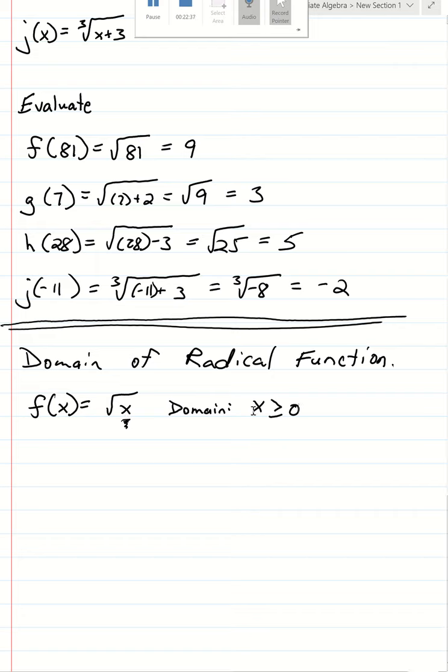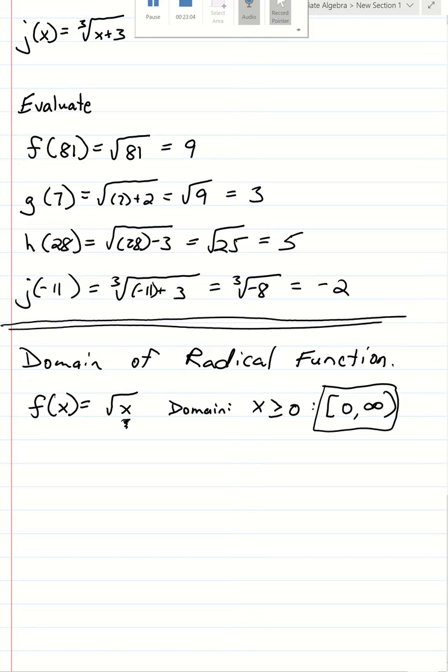You can take the square root of any number as long as it is a positive number, and that's what we are saying about this domain. We usually represent this in interval notation, so that of course would mean that we would go with a bracket from 0 to infinity, and then we close it with a parenthesis. That would be your domain for the square root of x.